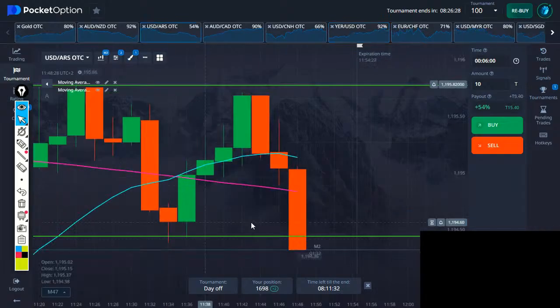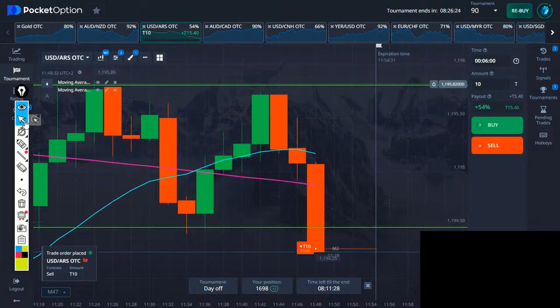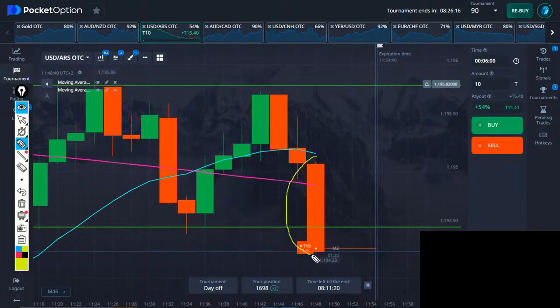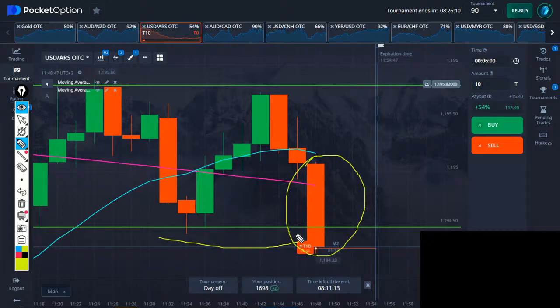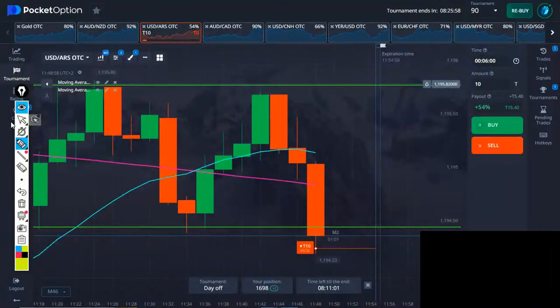Okay, we have beautiful push. Come on, I take it. You might say, okay, Mark, this has 1 minute, 30 seconds left. When you see such a violent, very violent bearish bar, you don't wait for the last 30 seconds. You go and take your trade. You jump on it.